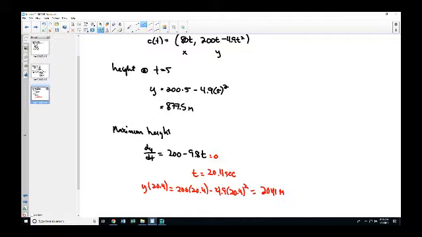So this is just shooting straight up. If you don't shoot it straight up, it brings sine into play, trigonometric angles and stuff. This is just vertical.